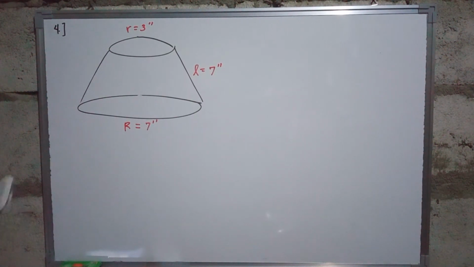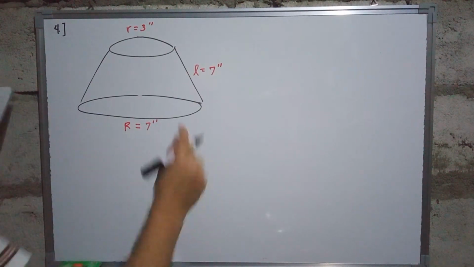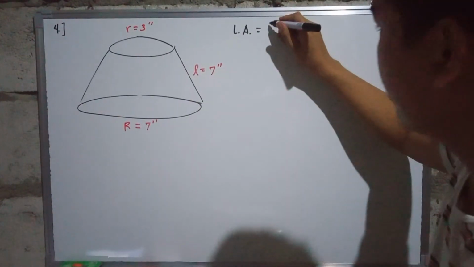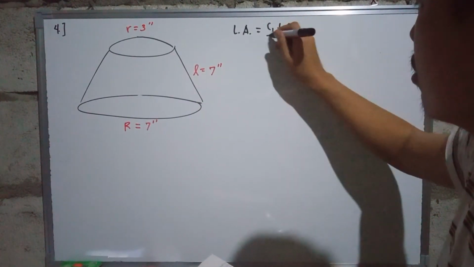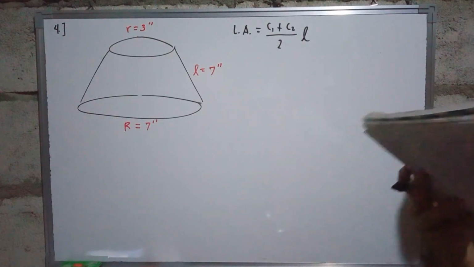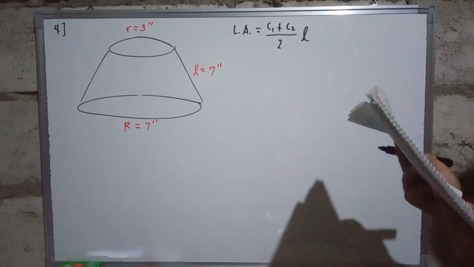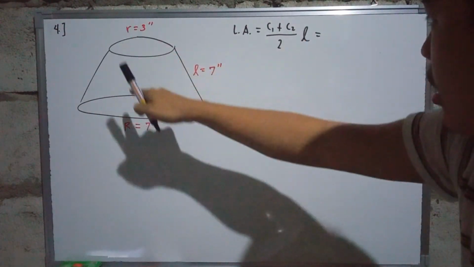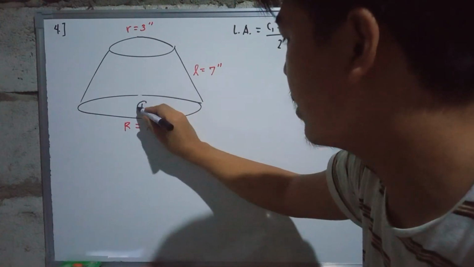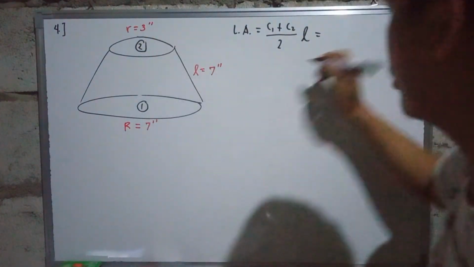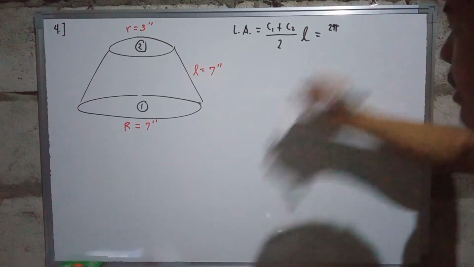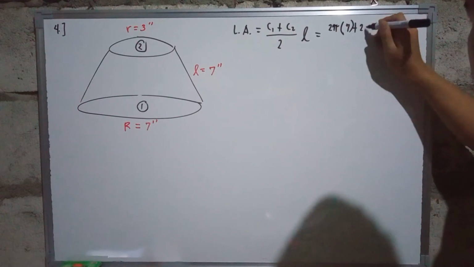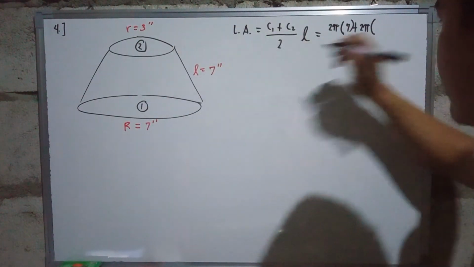So, in finding the lateral area, so lateral area is equal to C1 plus C2 all over 2 multiplied by the slant height. So, kunin muna natin yung circumference nung nasa baba natin. Sabihin natin this will be section 1 and section 2. So, that will be 2 pi r, so 7 plus 2 pi, anong radius sa taas? 3.